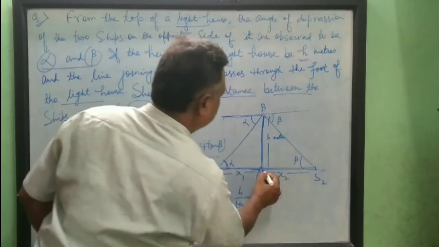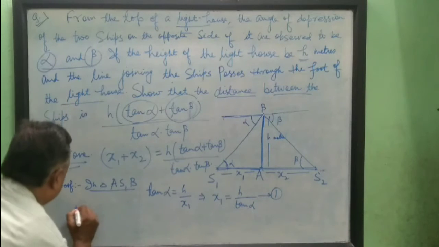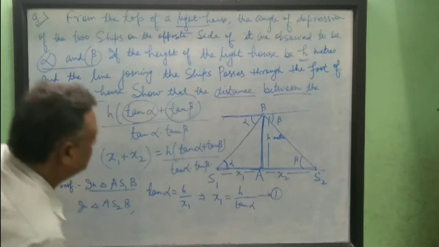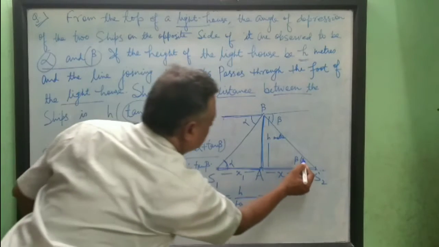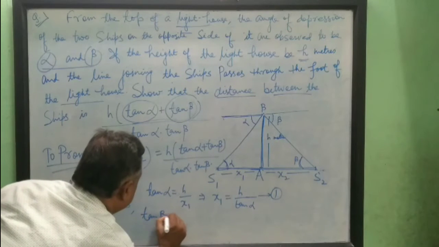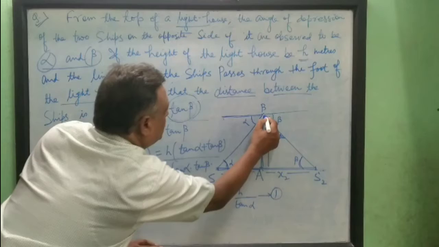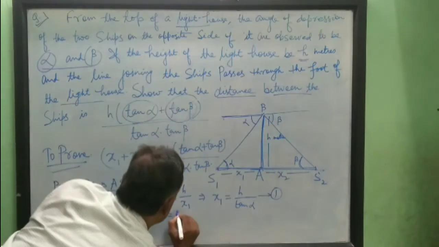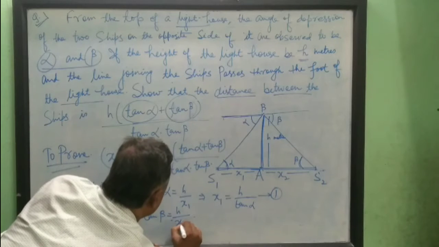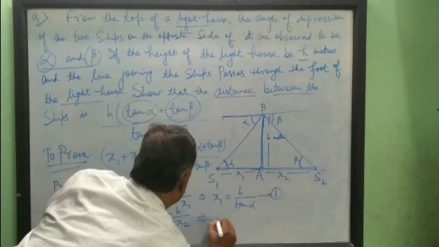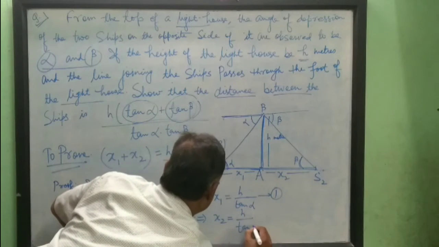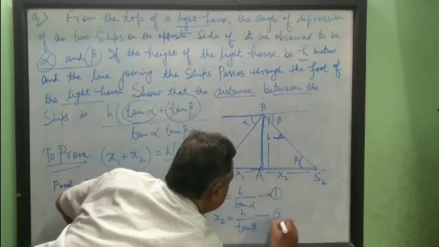Then in triangle AS2B, tan beta, tan of this angle, tan beta is equal to perpendicular by base, h by x2. It means x2 is equal to h by tan beta. This is equation 2.